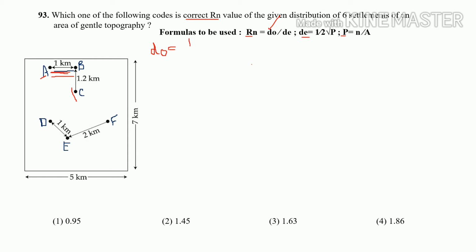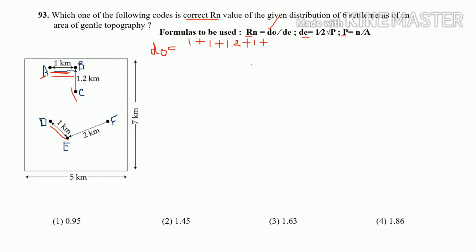Distance from A is 1, and just like that distance from B is 1, then distance from C is 1.2, and then for D, the shortest distance we can consider is 1 kilometer, so it will be 1.